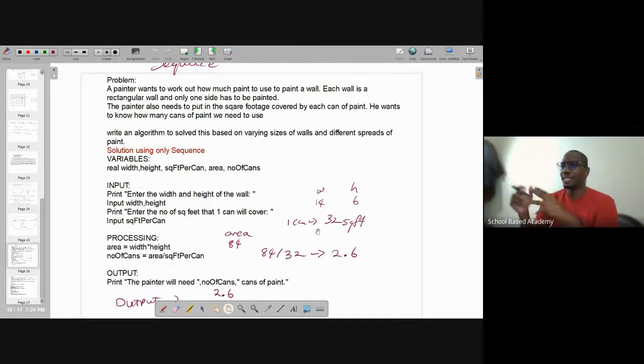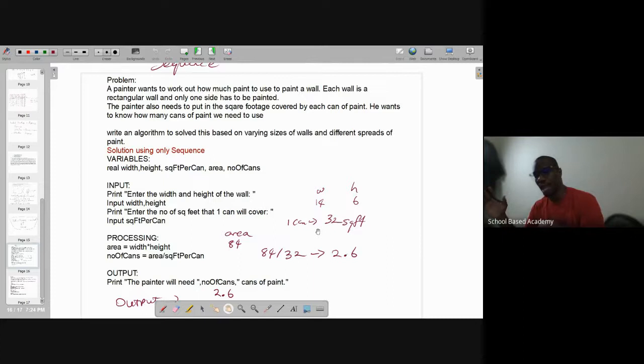So next week, same time, I'm going to put up the question for us to attempt. We're going to discuss it on the classroom, and then we're going to meet back here next week where we will take a look at the answer and go into selection. And we could use the same example, go into selection and go into maybe some looping as well. All right.